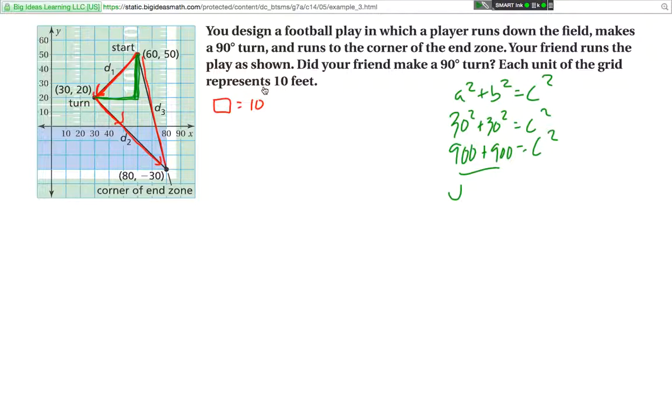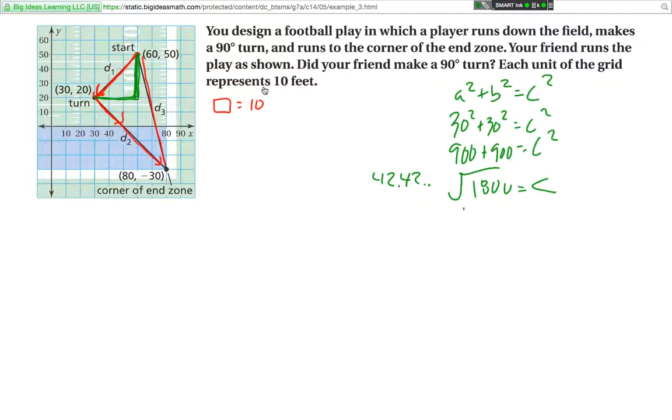And what's the square root of 1800? It is 42.42, and it keeps going on. We'll just keep it as this for now.